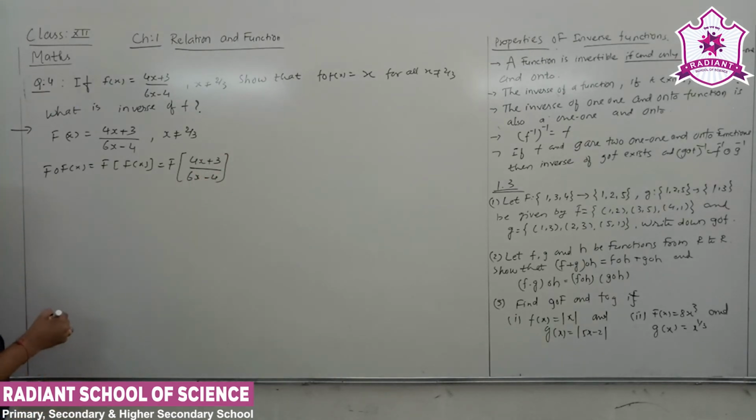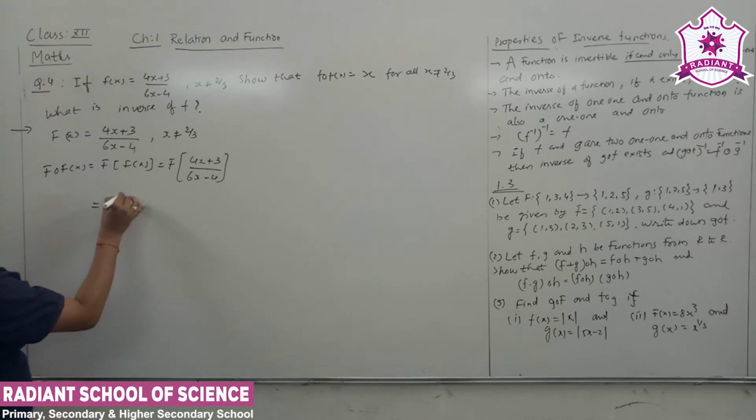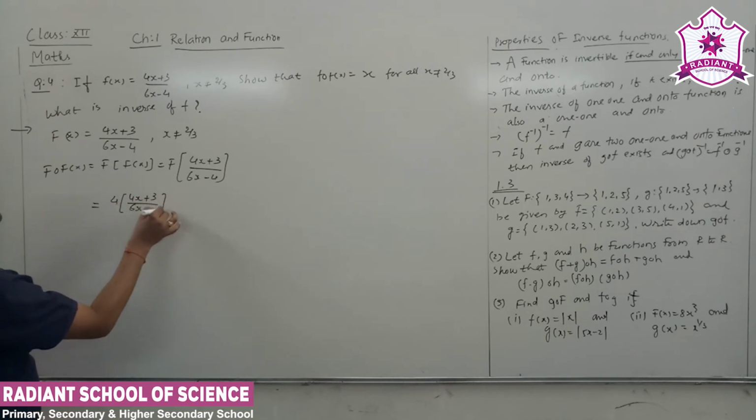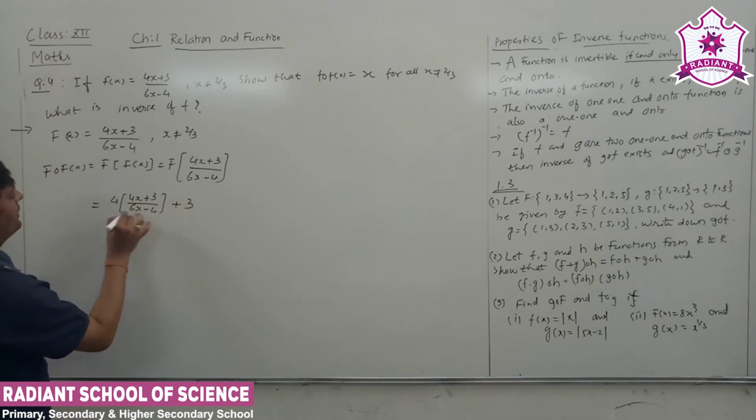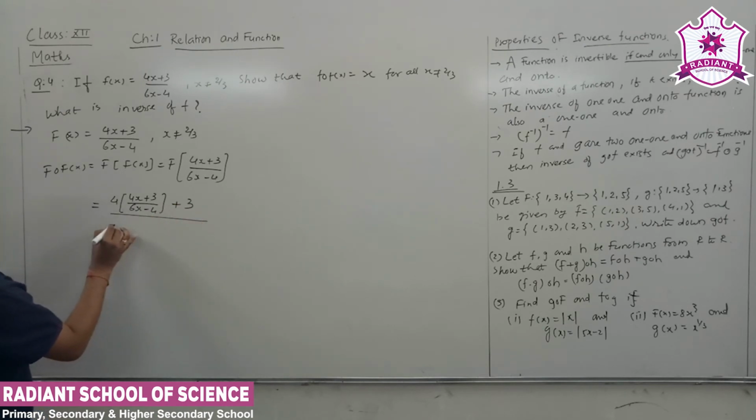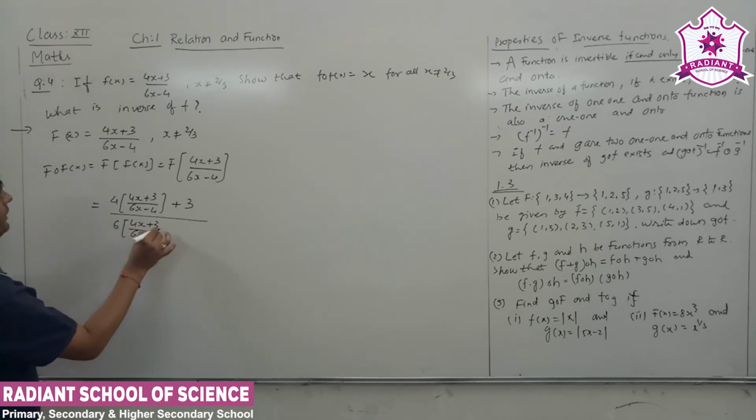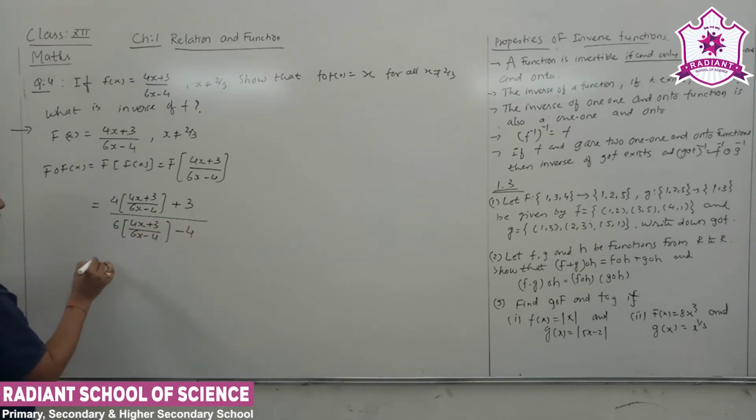चलो वैल्यू पुट कर दो, तो फंक्शन के अंदर सबसे पहले तो मैं यहाँ पे कर रहा हूँ f of 4, लेकिन x की जगह पे क्या लिखोगे, (4x plus 3) upon (6x minus 4), right, plus 3 as it is, upon 6 into (4x plus 3) upon (6x minus 4) and minus 4.